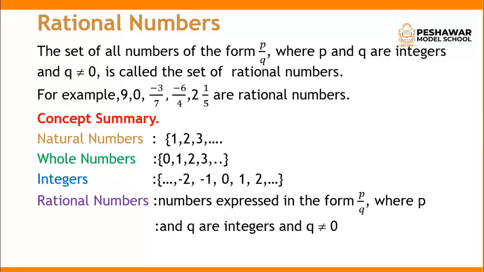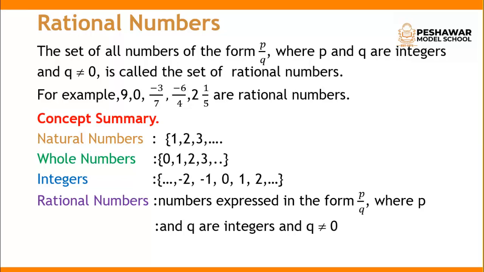In mathematics, a rational number is a number that can be expressed as a quotient or fraction, P by Q, of two integers, a numerator P and a non-zero denominator Q, meaning Q is not equal to 0.